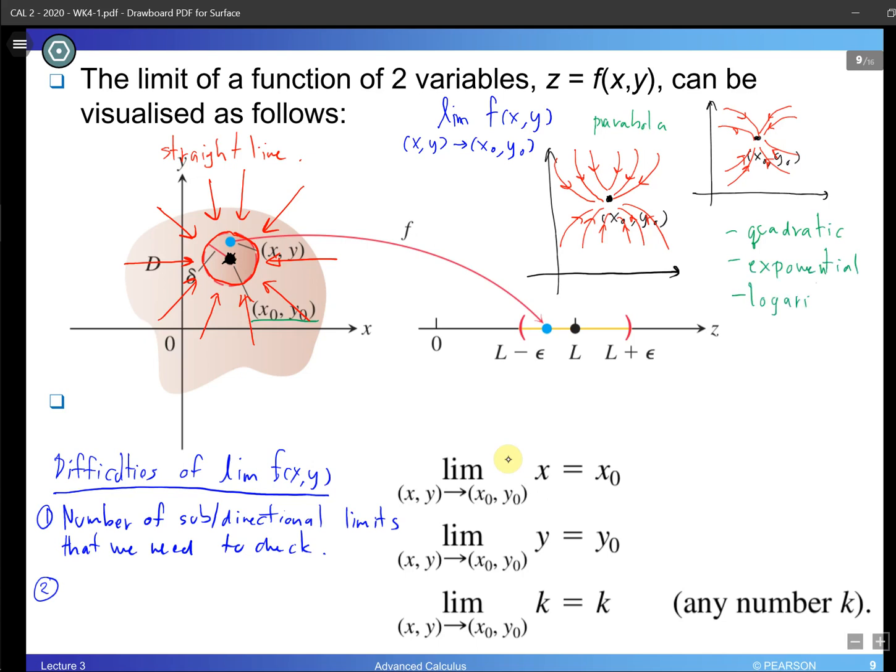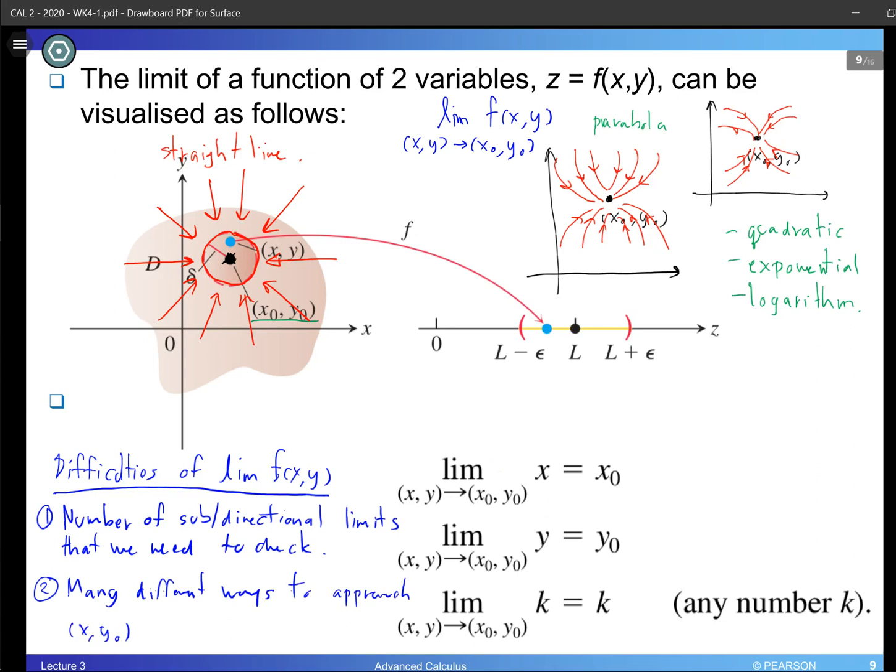So as you can see here, there are many different ways to approach this point, and each way has infinitely many different directions to consider. So here is the second difficulty: many different ways to approach x0 and y0. And the way you approach matters. It can cause a difference in the end.